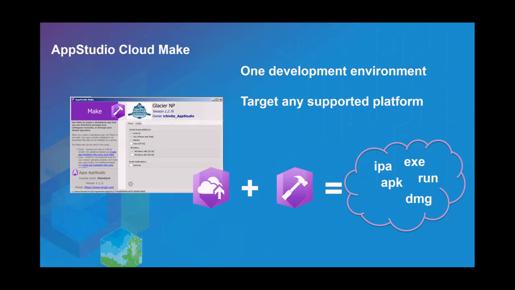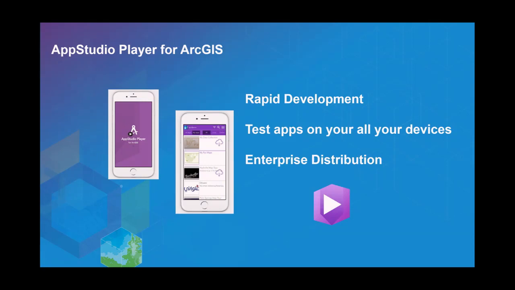So you don't have to set up a Mac for development there, or an Android build system. You build on your desktop, you write your code, and then you push those files into your ArcGIS Online account and request a cloud build of these in the cloud. So pretty slick. I really just showed you AppStudio Player.